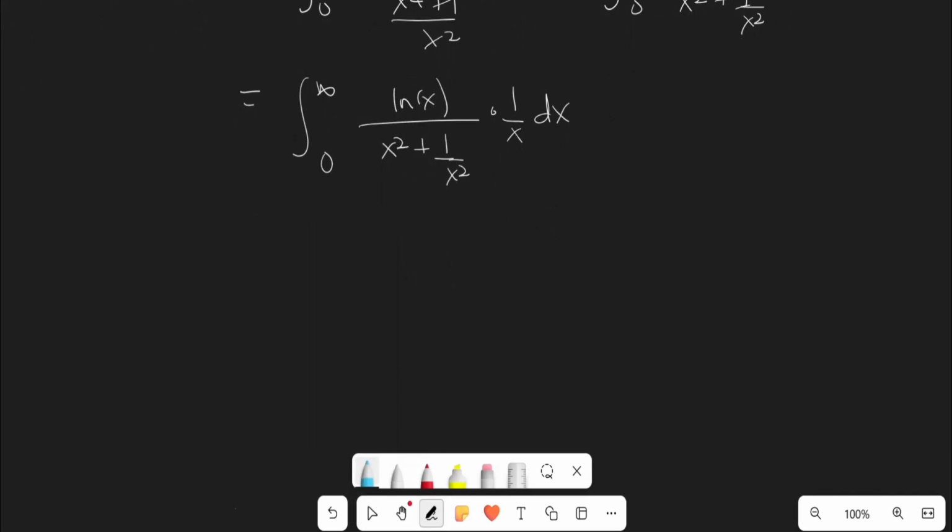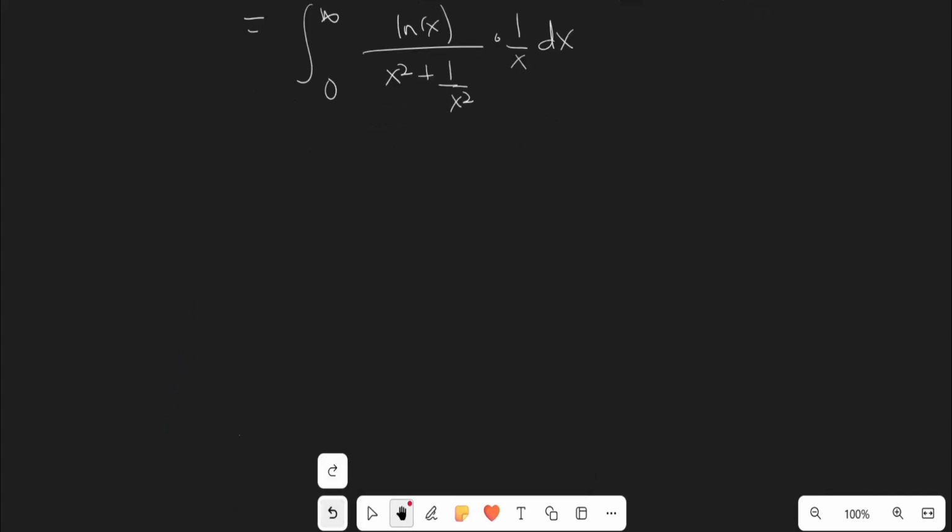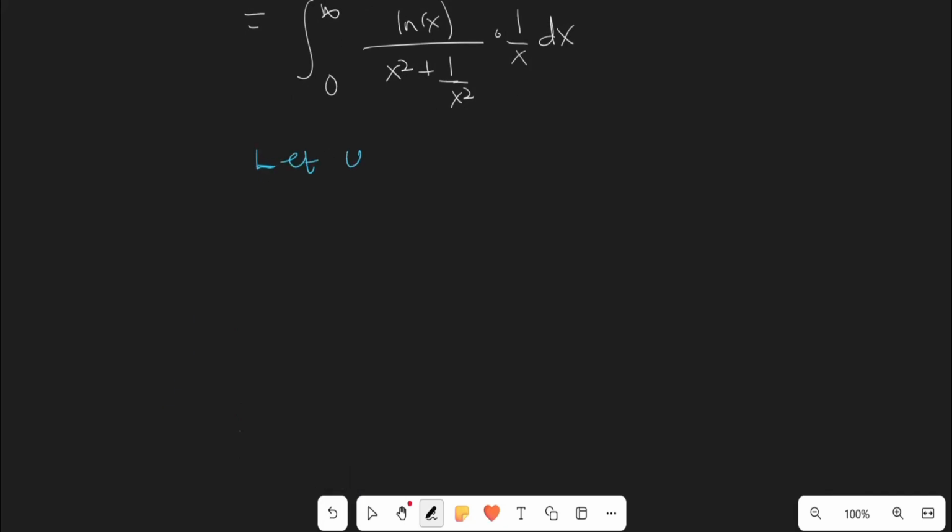We can let u be equal to the natural logarithm of x. So that implies that x is equal to e to the u. Wherever we see x, we can plug in e to the u, and wherever we see natural log of x, we can plug in u.